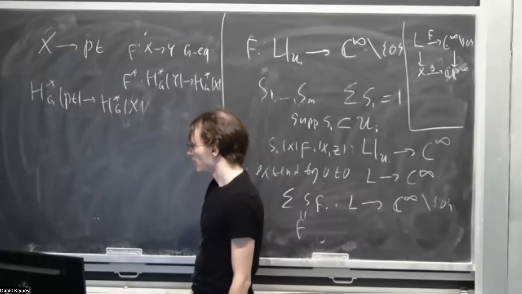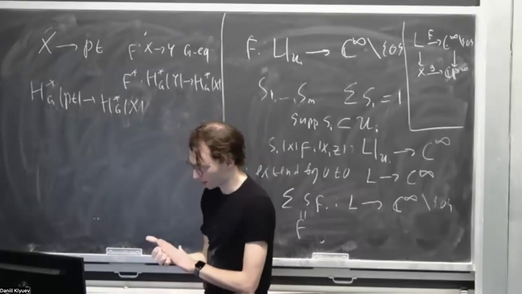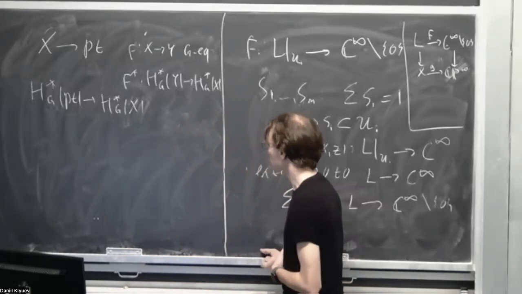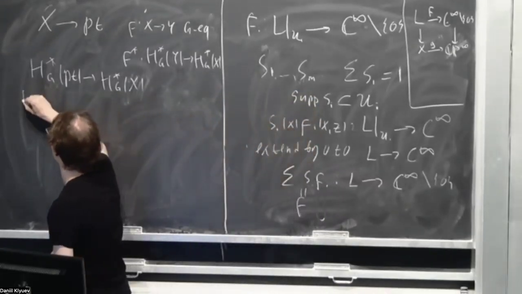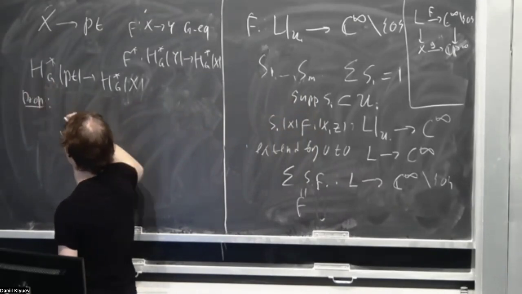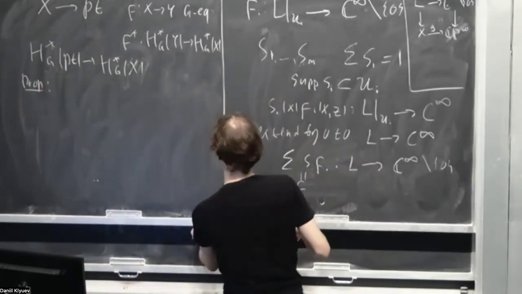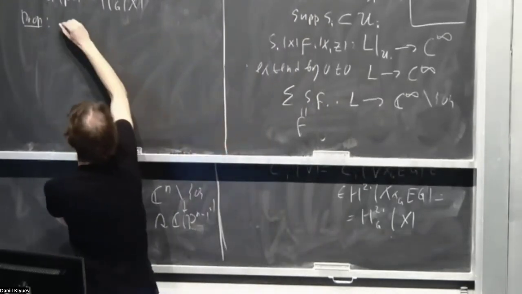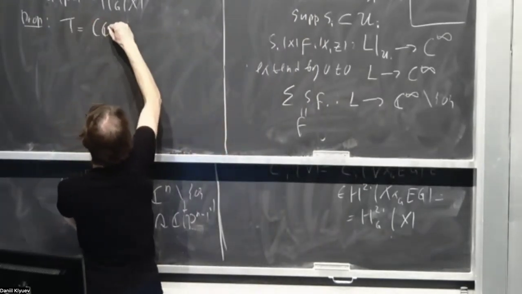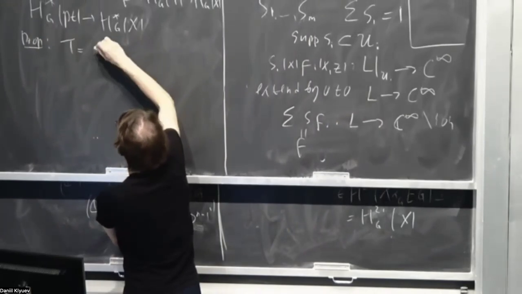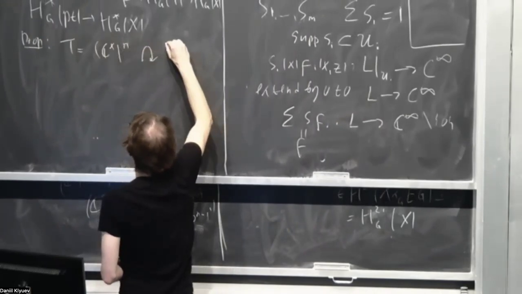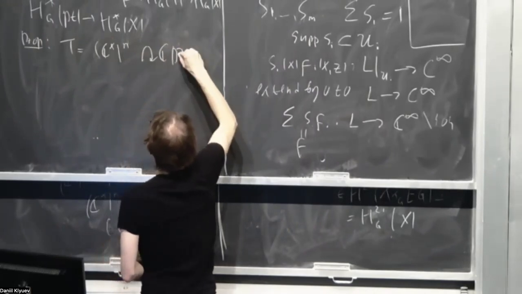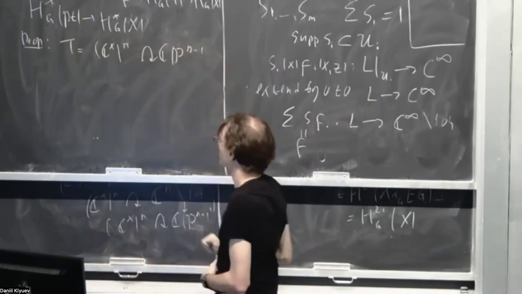Let me at least describe the equivariant homology of projective space. Let's take the same example of (C*)^n acting on CP^(n-1).